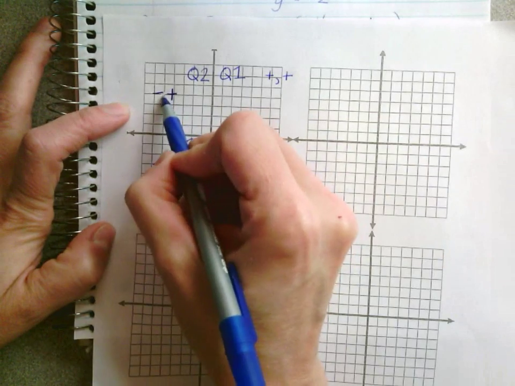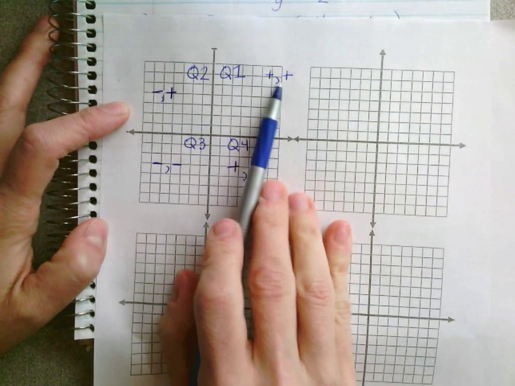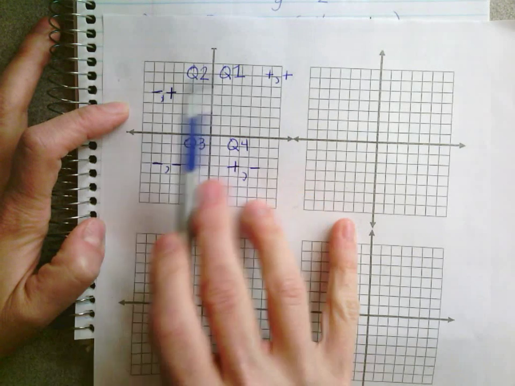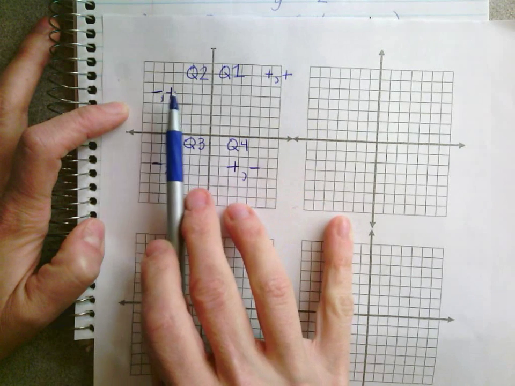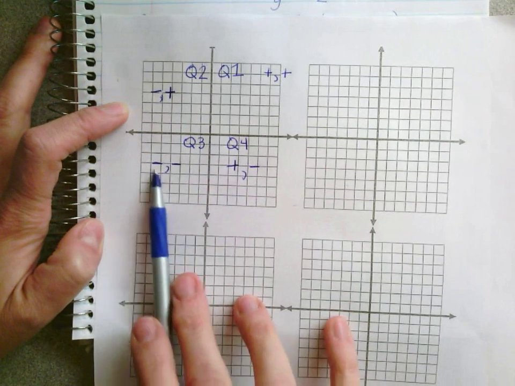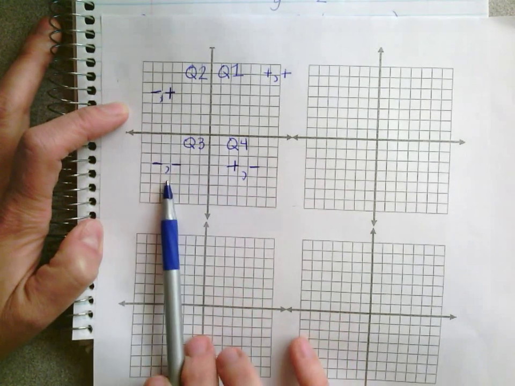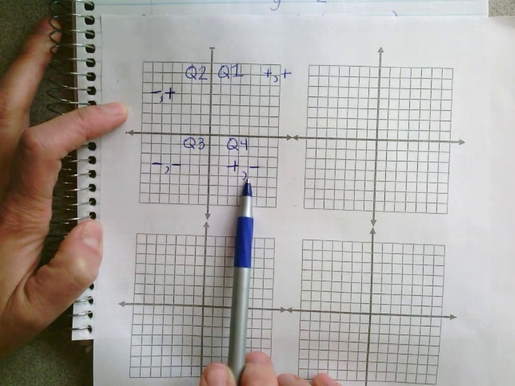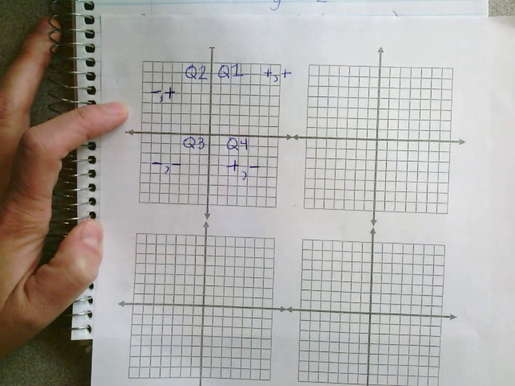So the value of the x is the first one, the value of the y is the second one. The value of the x, the value of the y. x, y. So if both coordinates are negative, where will they be?